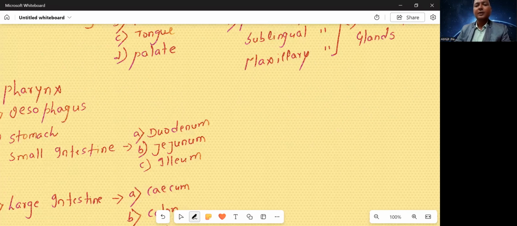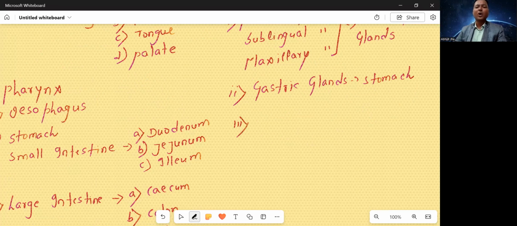Then after the salivary glands, we have the gastric glands. The location of the gastric glands is the stomach. Following the gastric glands, we have the largest gland of the human body, known as the liver.